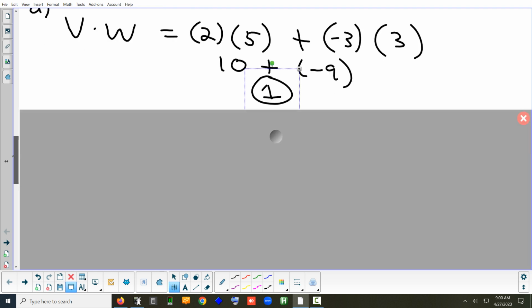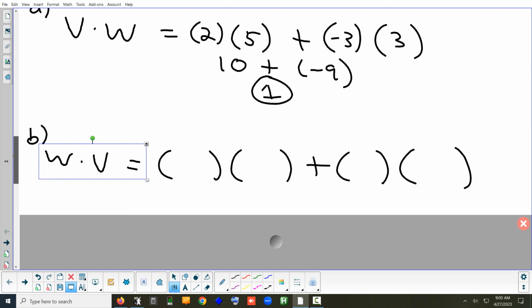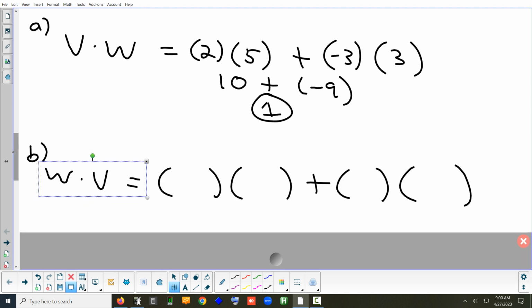So now what we're going to do is we're going to look at the dot product, but I want to switch the order. Now I want to do W dot V and see what happens. Okay, and just remember this time, W is first, V is second. So what's going to be in these two parentheses in the correct order if W comes first and V comes second?